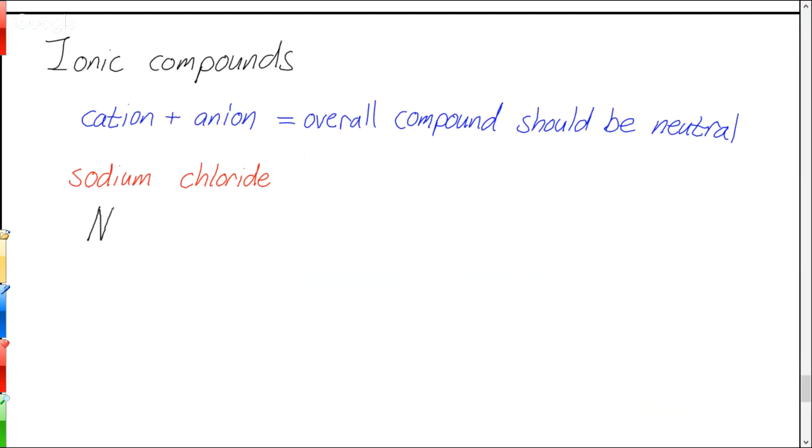Sodium is easy enough, it's Na. Anions often change their name a little bit, and we'll learn more about that in the next chapter. But chloride is coming from chlorine. You can probably figure that out. So you would look it up on your periodic table, and you'd see Cl.